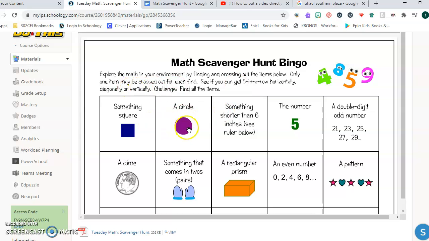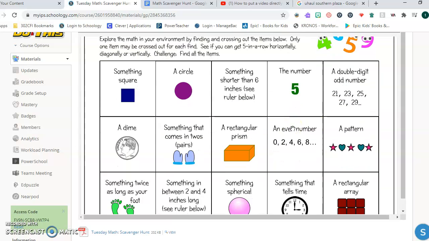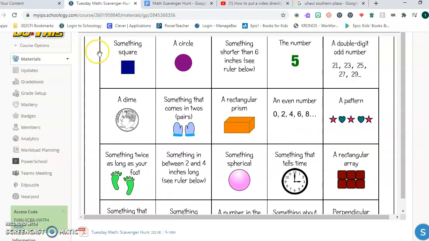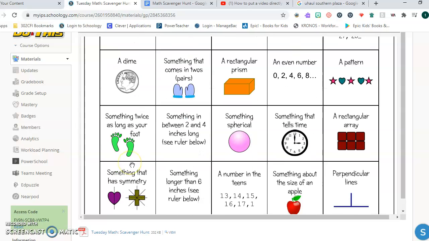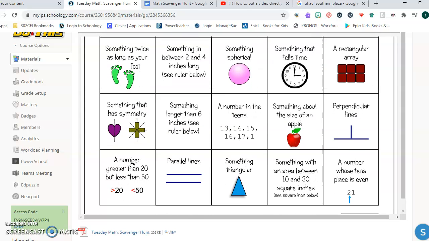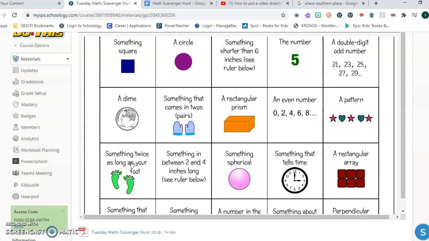So that would mean if you're actually playing the bingo game, 5 in a row horizontally would be side to side like the horizon. 1, 2, 3, 4, and 5 would make bingo. Or vertically means up and down. So 1, 2, 3, 4, 5 up and down would be a bingo, or diagonally.